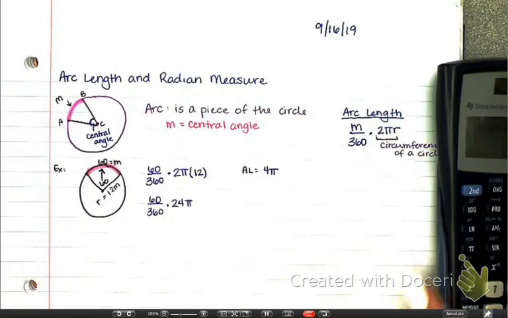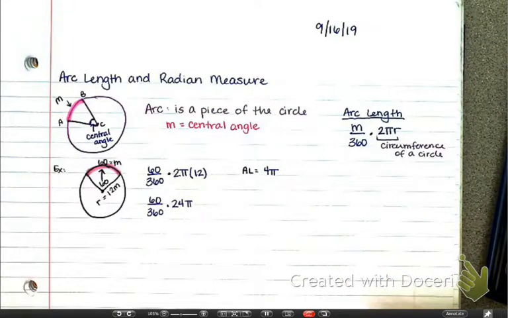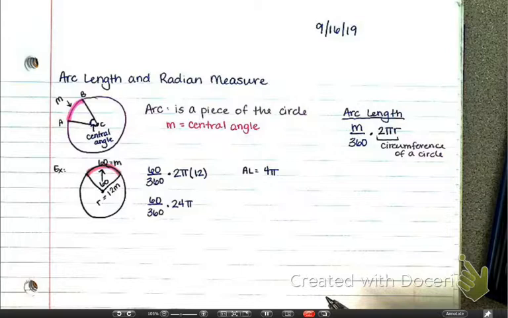What do you think my units are going to be here? Any guesses? If it's a piece of the outside of the circle, what do you think it's going to be?